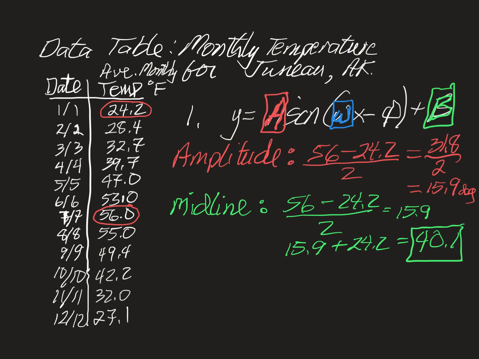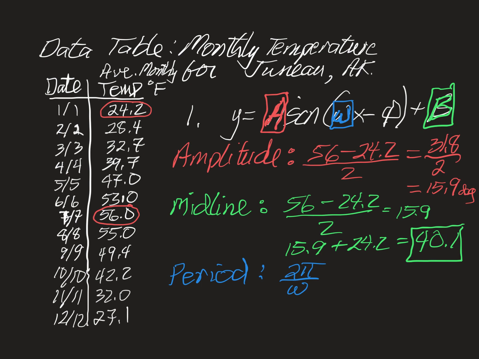So what we know is that if we're looking for a period, then 2 pi over omega is equal to the period, okay? And all we know up to this point is what our maximum and what our minimum is.